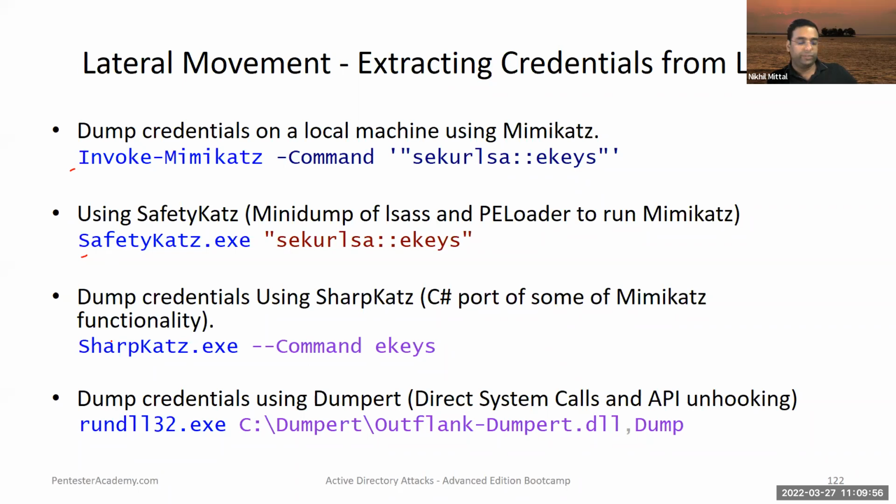You can use SharpKatz, that is a C# port of some of the Mimikatz functionality. You can use Dumpert from Outflank that uses direct system calls and API unhooking to avoid detection. So we are using a Microsoft signed binary to run Dumpert here in this case.